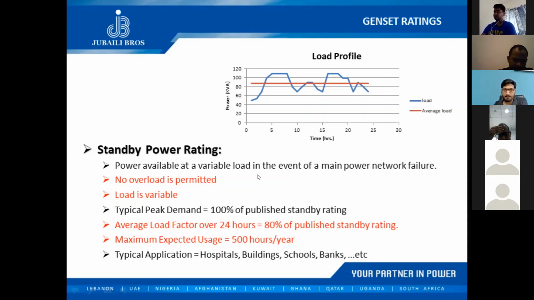In a standby application, you'll get this warranty for 2 years, given that you do not exceed 500 hours per year. So in case you have a genset and you experience some failure and you call us to claim your warranty, our guys can go to site, connect to the controller, open up the log and check how you have been using your genset.